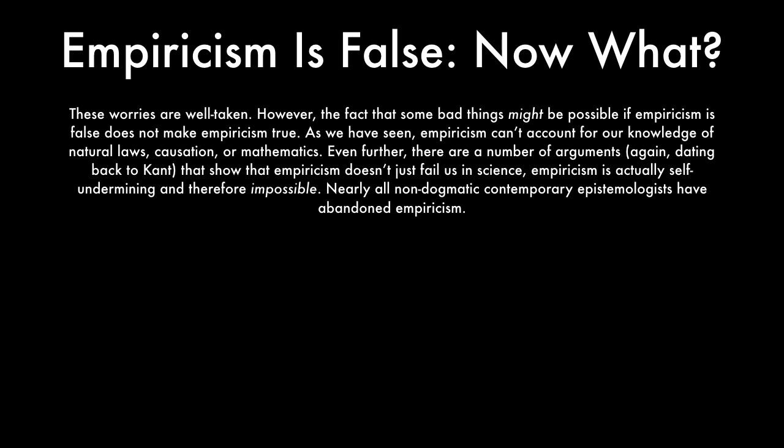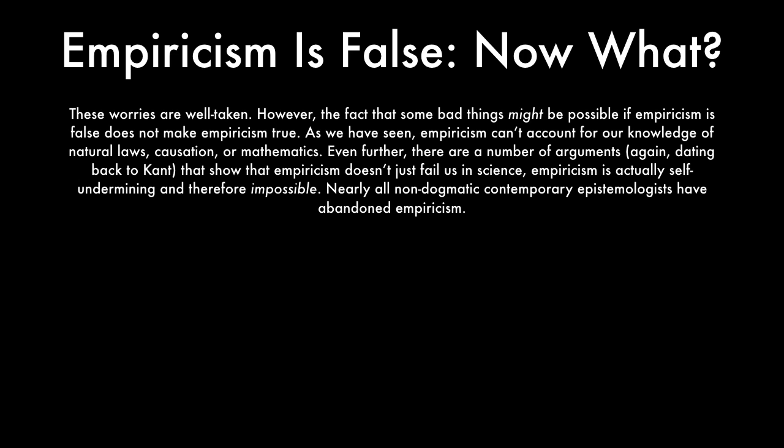Even further, there are a number of arguments, again dating back to Kant, that show that empiricism doesn't just fail us in science. Empiricism is actually self-undermining and therefore impossible.